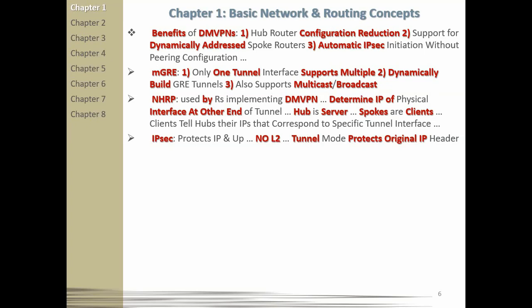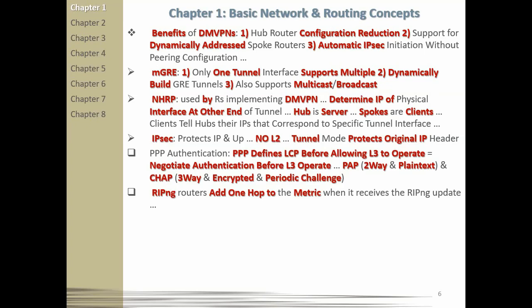Three components for DMVPNs: mGRE or multi-point GRE, we have NHRP and IPsec. Three characteristics of mGRE: only one tunnel interface is enough to support multiple GRE tunnels. So one tunnel interface with multi-point GRE is enough.